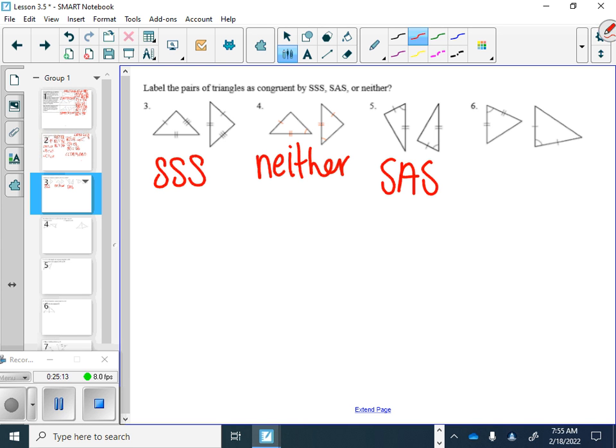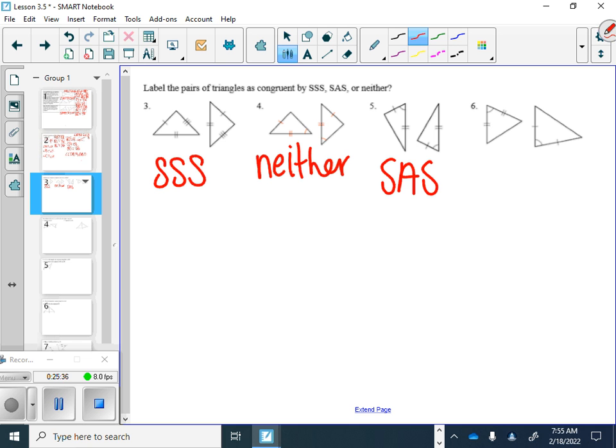Neither. Haley, tell me why neither. Because one of them only has one difference and the other one has two. Perfect. The angle is in between the sides, but all this is saying is that these two sides are congruent to each other, and these two sides are congruent to each other. It's not saying anything about the triangles being congruent to each other.